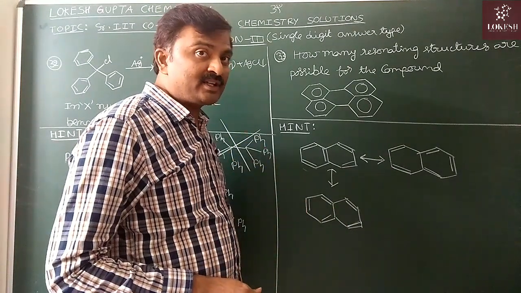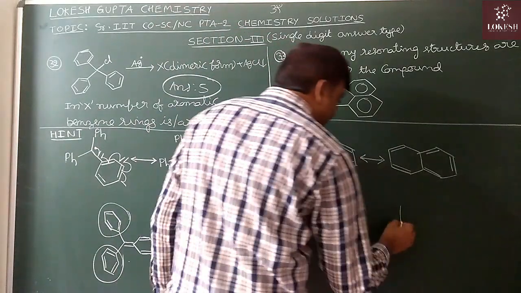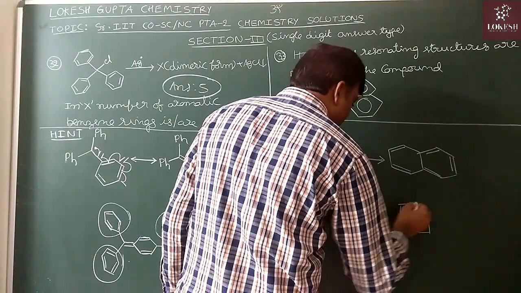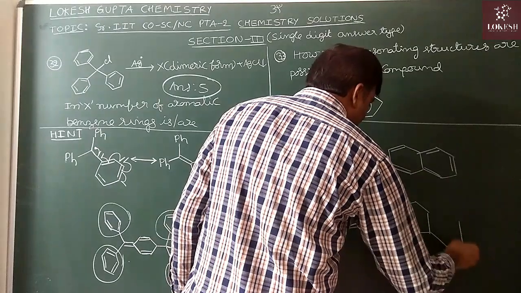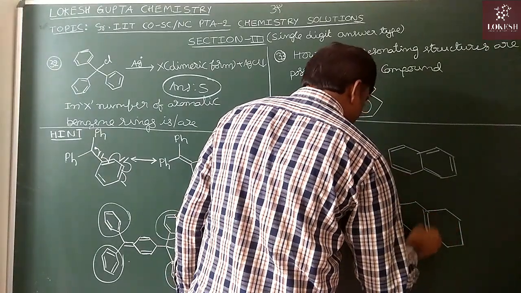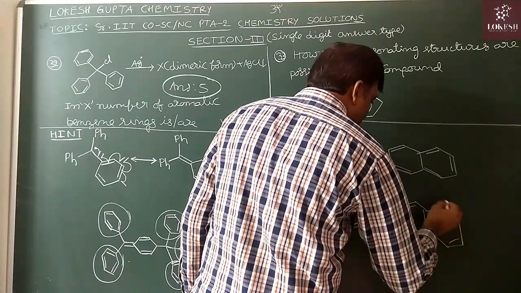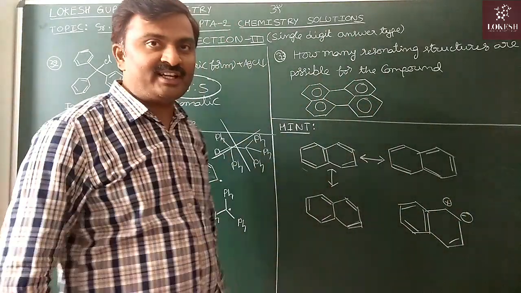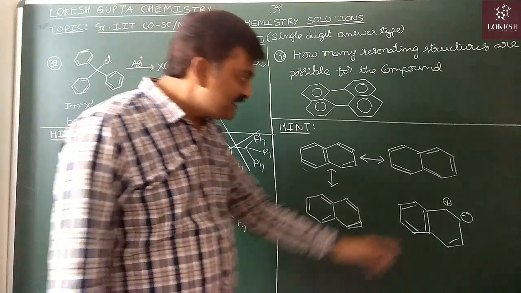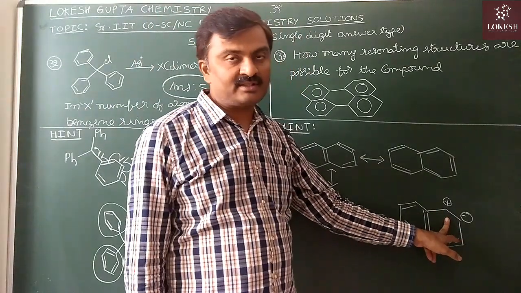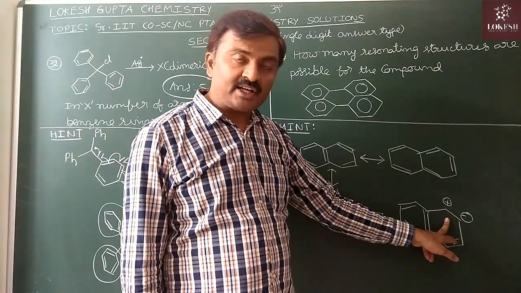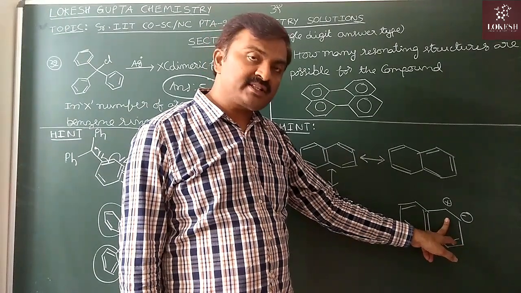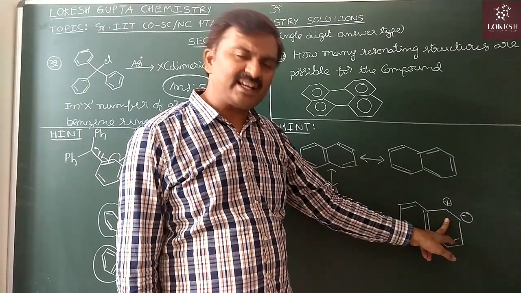You may get one doubt: sir, shall we write like this? For this plus minus, if we write like this, you will get many structures. But see, it is a very high energy structure. Its contribution to the resonance hybrid structure is very, very less.